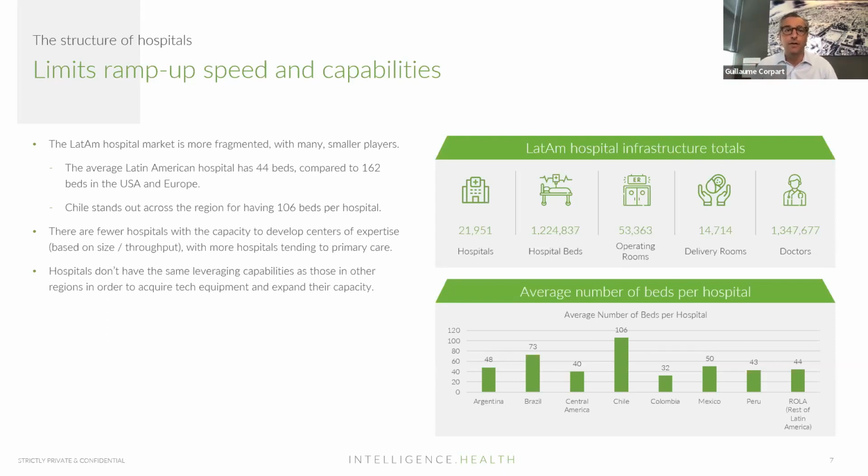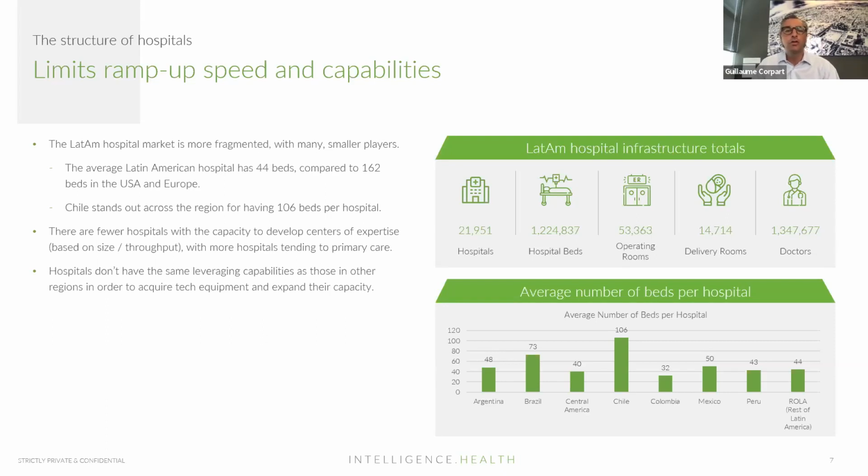Namely, the biggest difference is the size of the average hospital. We see that hospitals in the United States and Europe typically have over 160 beds, whereas the hospitals in Latin America typically have 44 beds on average. Now, as you can see from the graph, Chile is an exception within the region, right, with over 100 beds. But all other countries are well below 75.